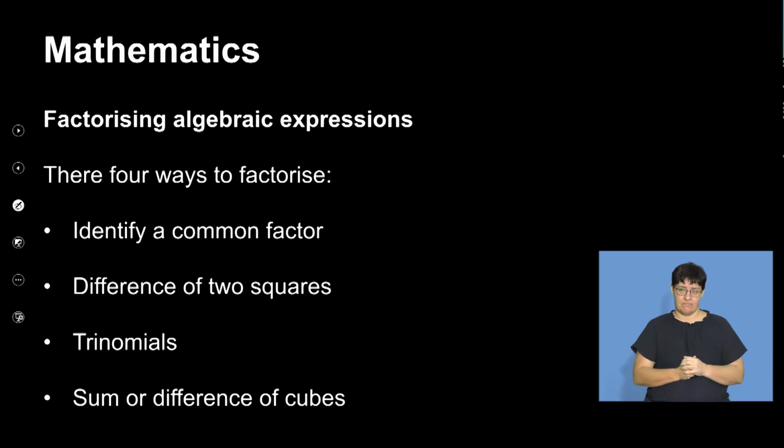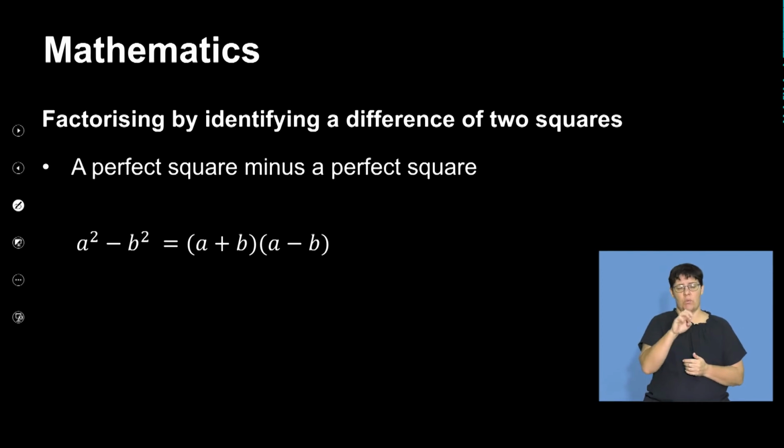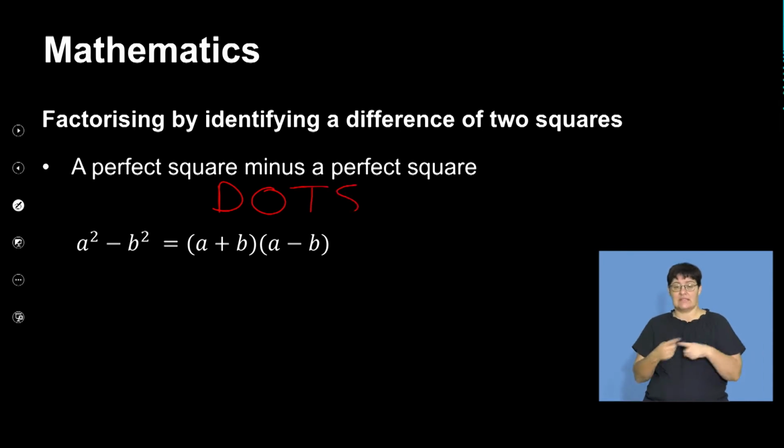Now, remember we said there are 4 ways to factorize: identifying a common factor, the difference of squares, trinomial, and the sum or difference of cubes, right? Now, if I have a perfect square minus a perfect square, we now call this a difference of 2 squares. Some people normally call it DOTS, right?